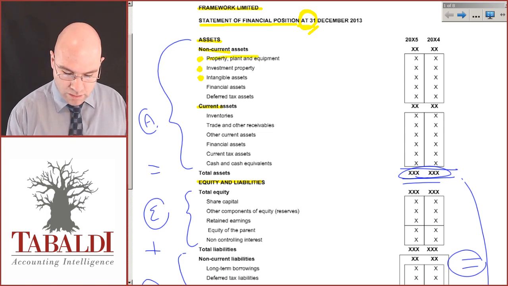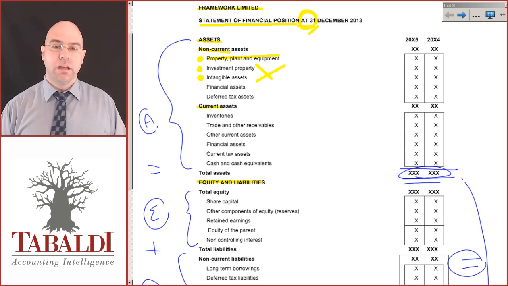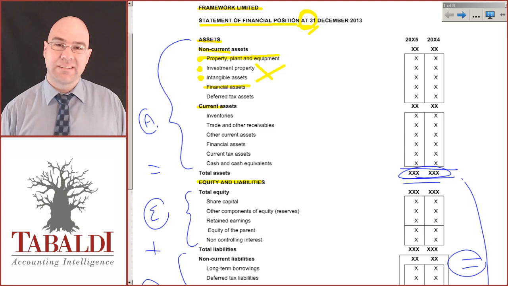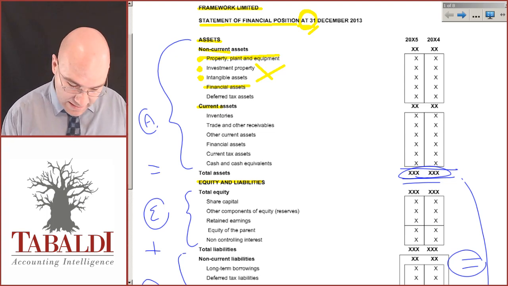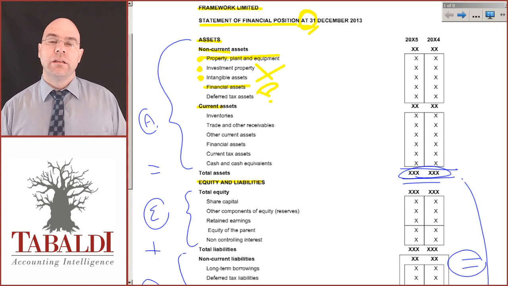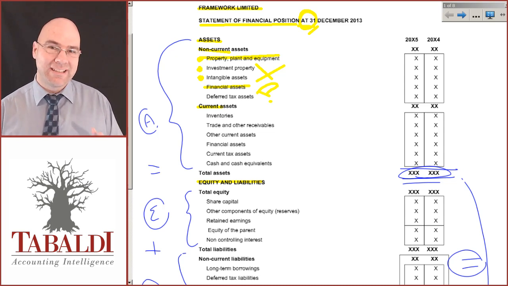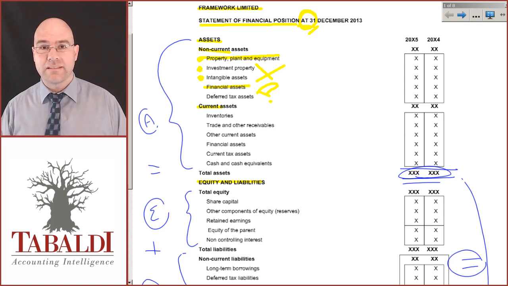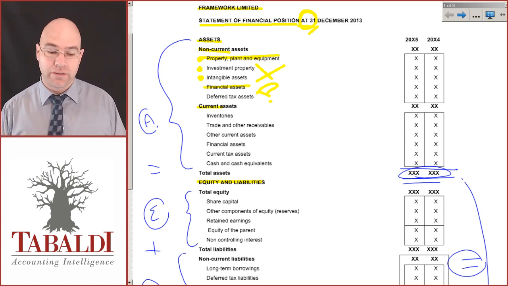Those two, not really likely to come up, okay? But PPE will definitely be there in this course. Financial assets, you may have deferred tax assets. Do a little question mark for that. I'm not expecting you to understand what a deferred tax asset is. If they give you a figure, deferred tax assets, put it in under non-current.